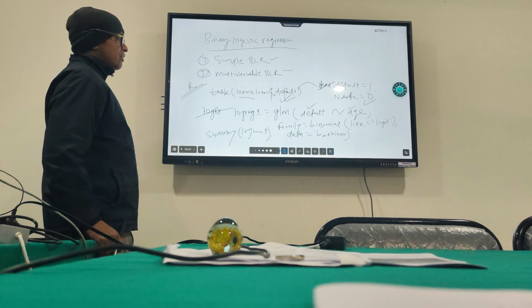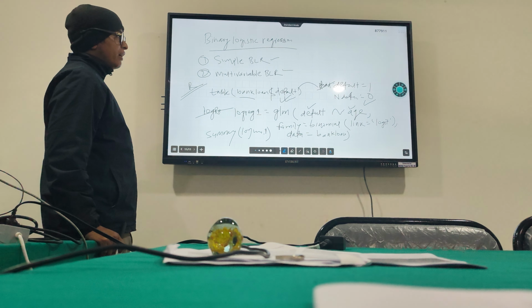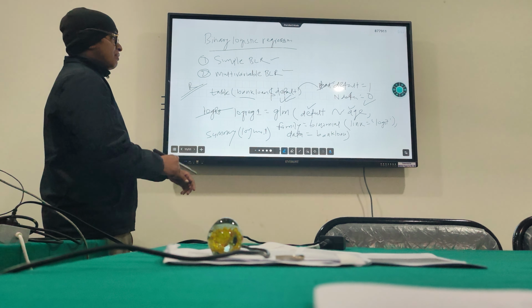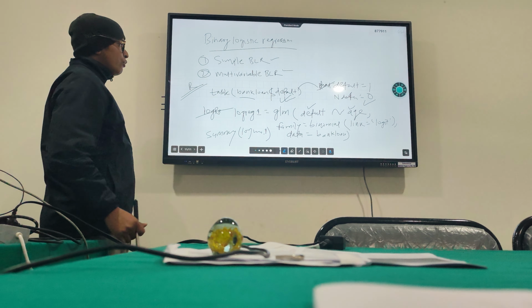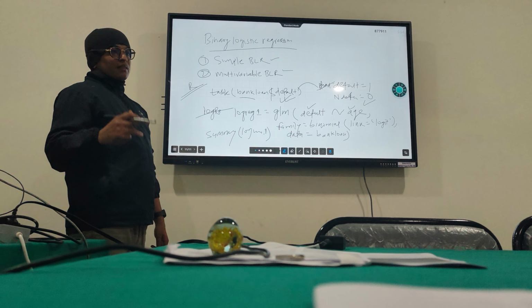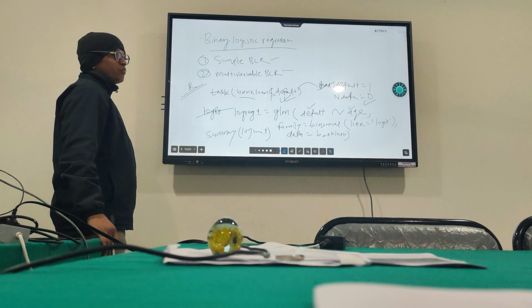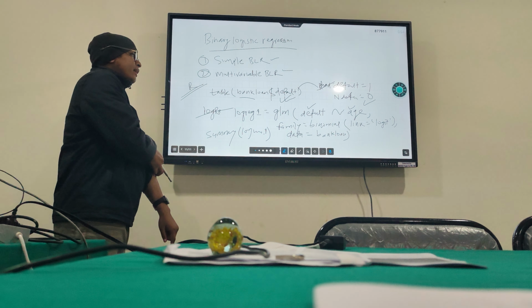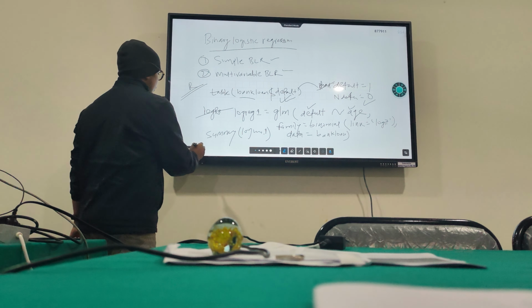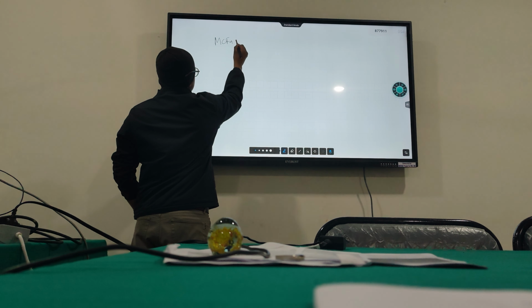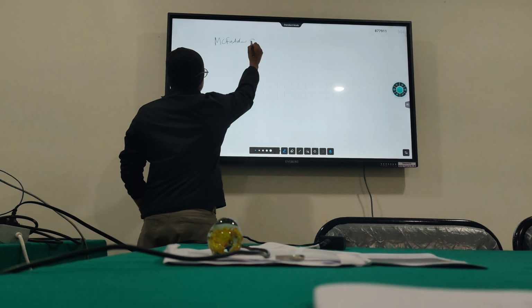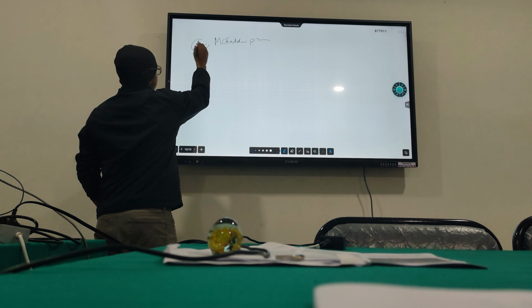If you find it significant, then you move ahead to the second stage, where we look at R square. How? The McFadden R square, we look at it in the second stage.